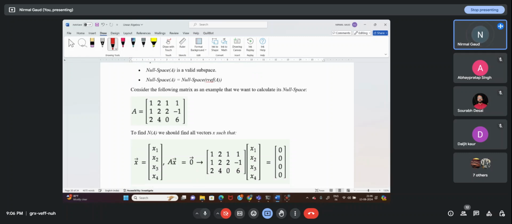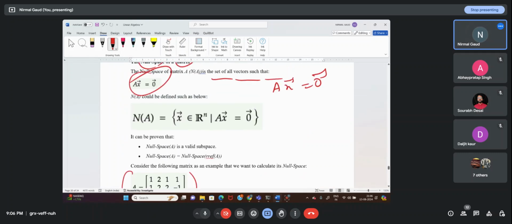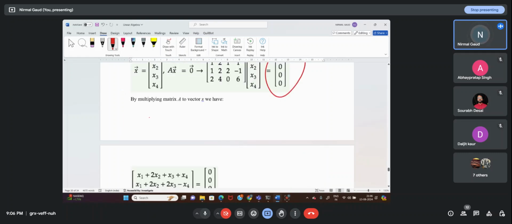A is a matrix, and if I multiply this matrix with a vector, I should get all 0. Then it's called a null space.